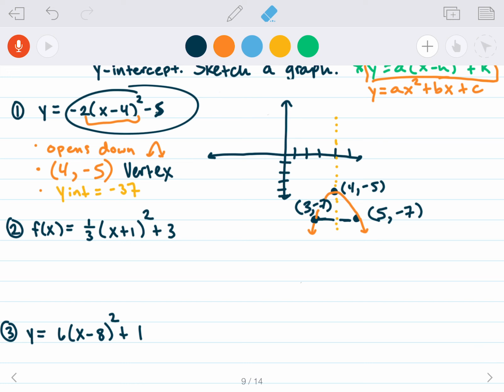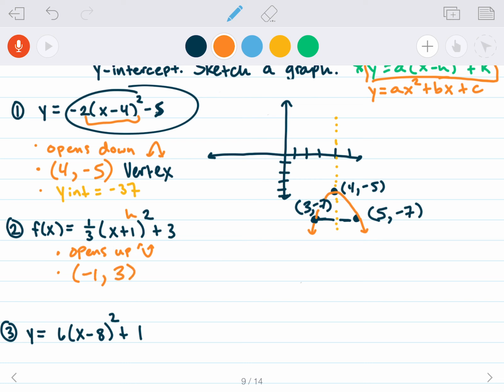So this is in vertex form. We have a is 1/3. That is a positive number, so we know it opens up. Our vertex is going to be negative 1, 3.